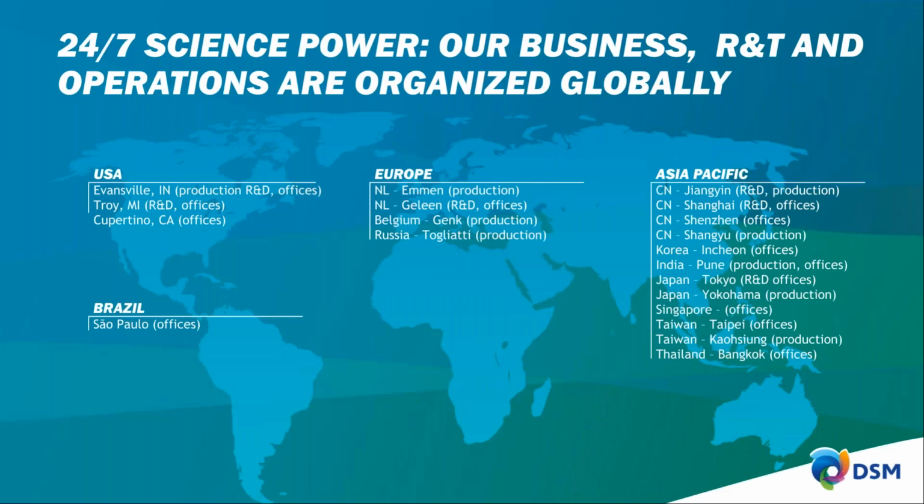DSM is also a global company, so we span across 4 continents: North America, South America, Europe, and Asia, with offices in each, and with production on 3 of the continents. All these materials that we're talking about today can span across the globe if that's something that you need.